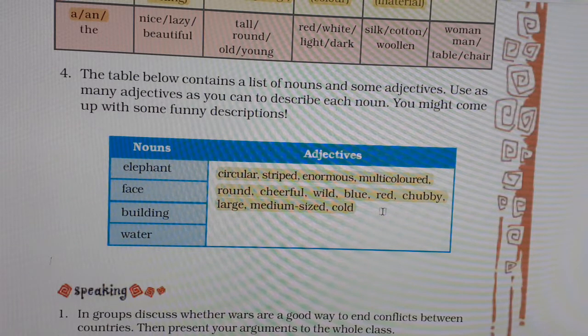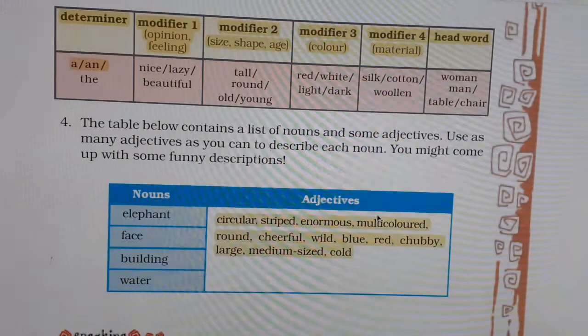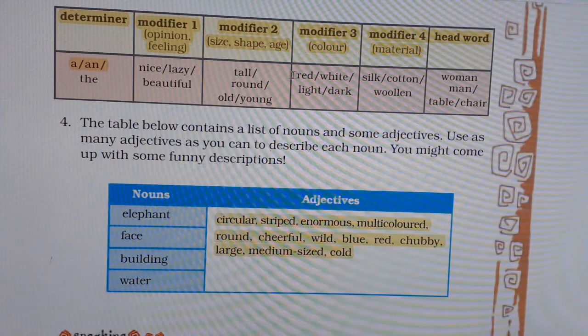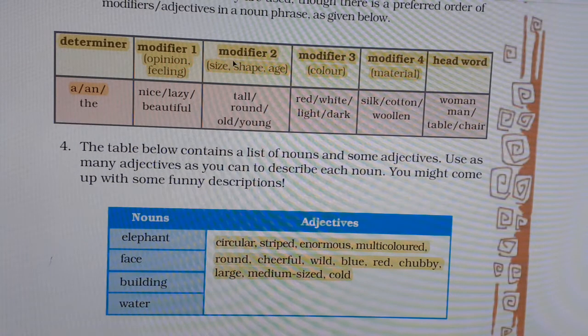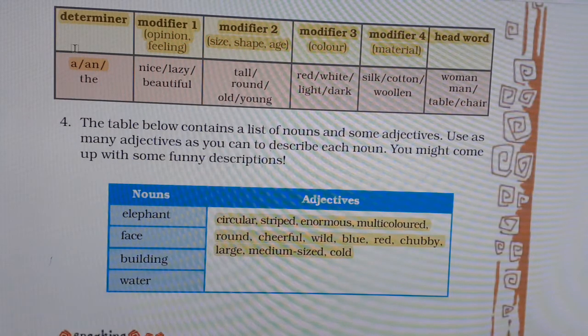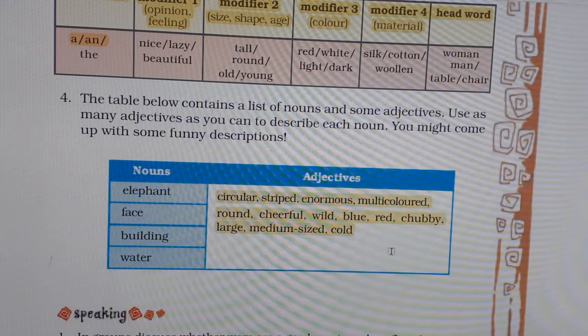Yes, you may call up your friend and describe his or her face, and it will be really funny, because you have to use these modifiers in this sequence, and when you use them, it will be really funny.